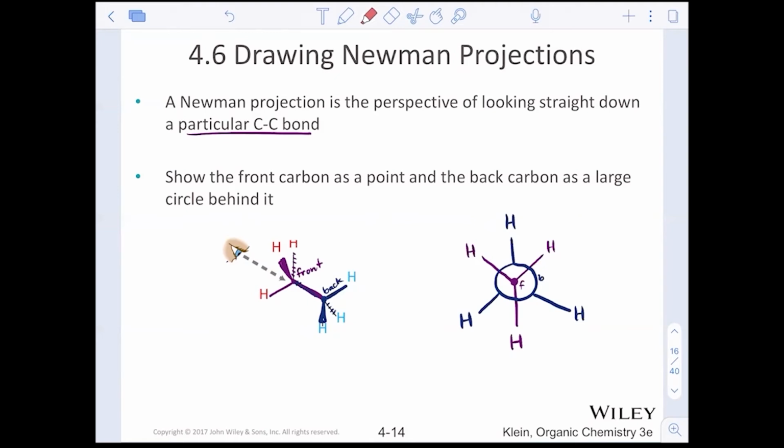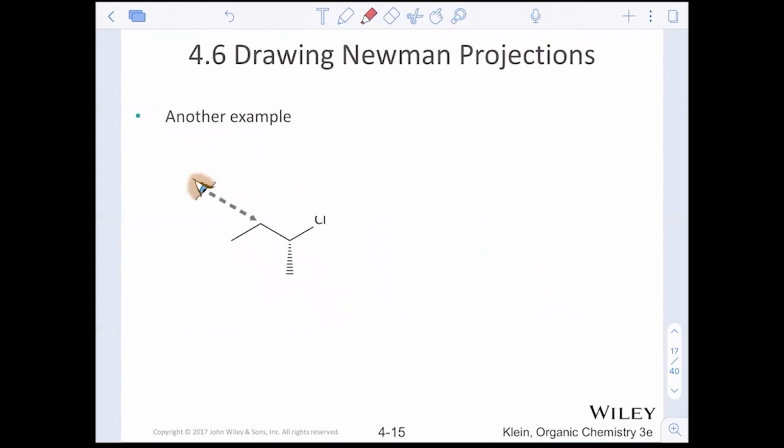But first, what we want to do is just be able to take a molecule and draw it. This should be a chlorine. There. So I like to, at this point, draw in the hydrogens. If this is my little disembodied eyeball that's looking down this bond, I have hydrogens here and here, and I have one here as well.